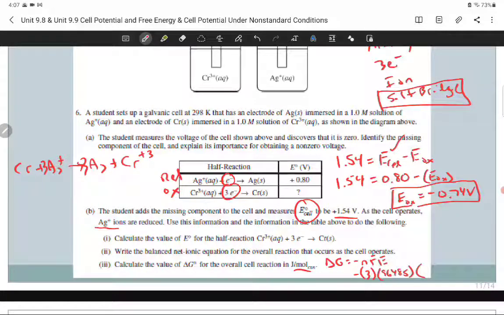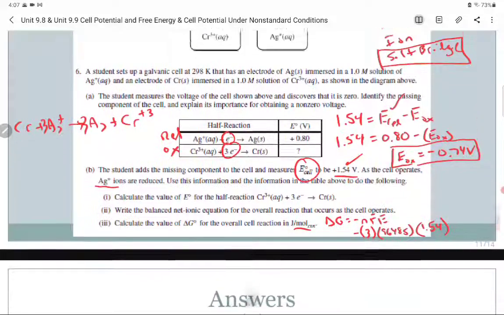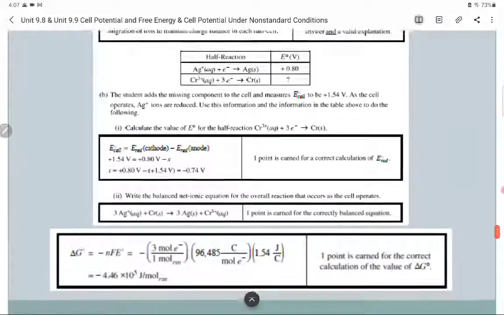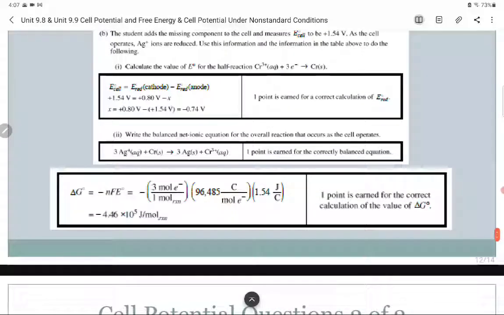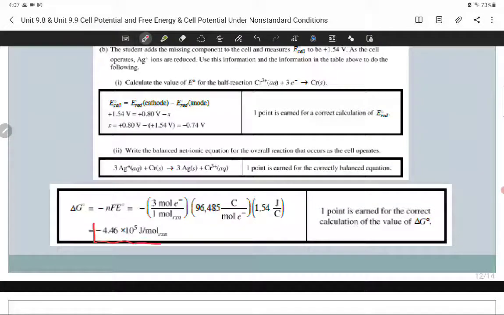And voltage, we were just given 1.54 volts. Multiply those together. I think we have answers, so maybe we'll go down and look at the answers. It's going to be a gigantic value, because typically people don't leave these in joules, but it wants it in joules this time, and it will be negative because we have that negative outside there, and so that is thermodynamically favored.